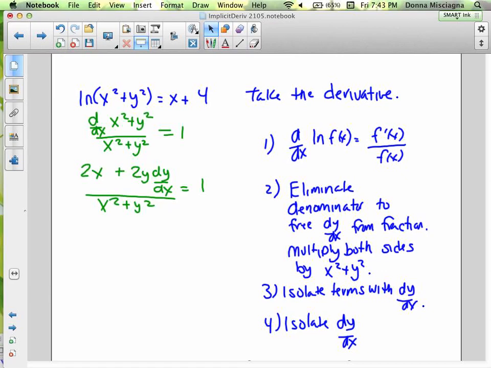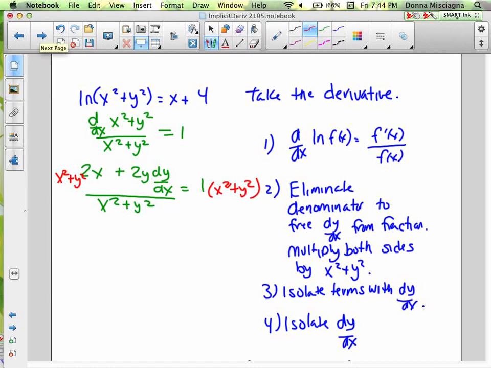Here we're just multiplying both sides by x squared plus y squared. All right, so we have two terms here, essentially a term on the left-hand side and a term on the right-hand side. You could also think of it as making it 1 over 1 and cross-multiplying. It's going to be the same thing.